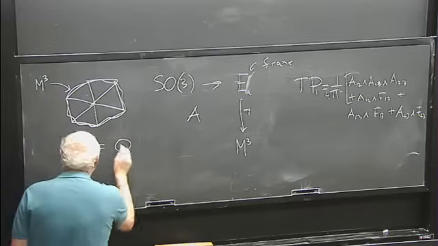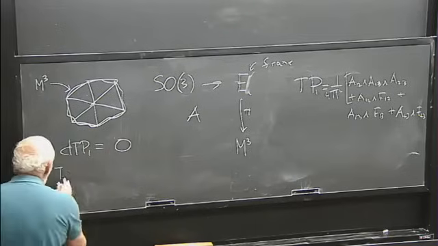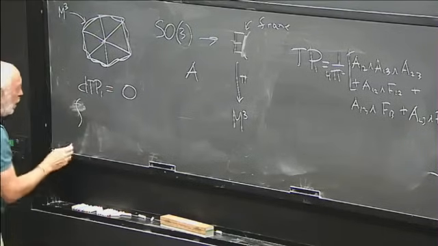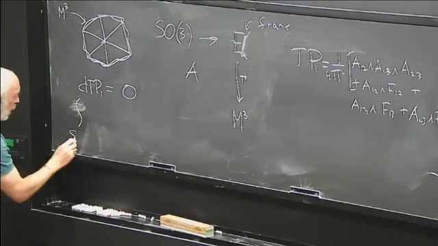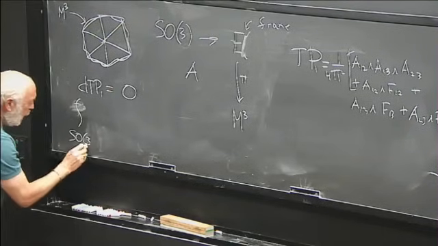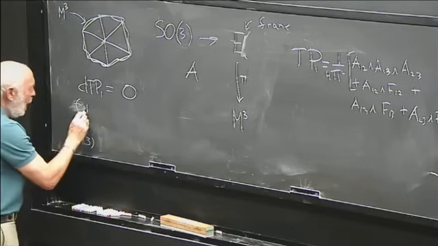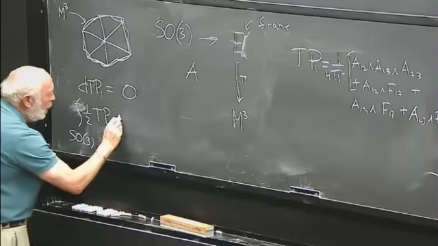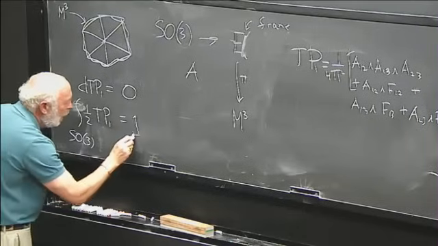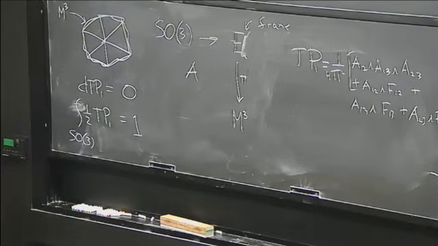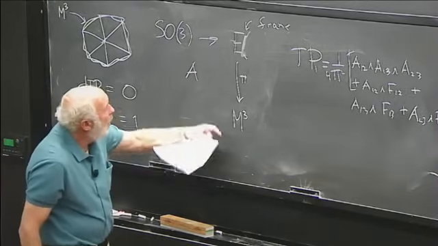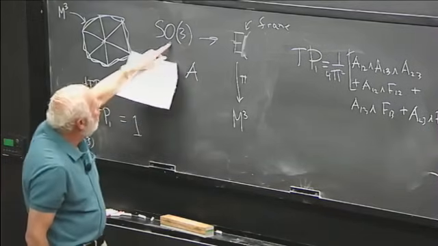And if I integrate over the fiber, which is really SO3, more or less, if I integrate even 1/2 of TP1, I get 1. So here's a closed form up here, and when restricted to the fiber, it's an integral class 1.